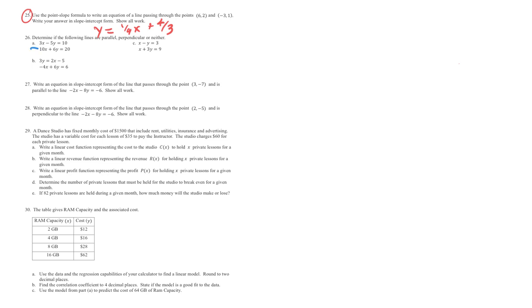Determine if the following lines are parallel, perpendicular, or neither. 3x minus 5y equals 10, and 10x plus 6y equals 20. We're going to put them into slope-intercept form and then compare the slopes.